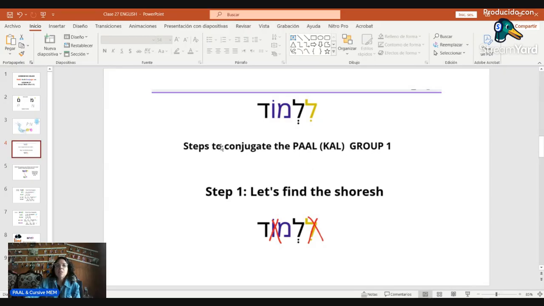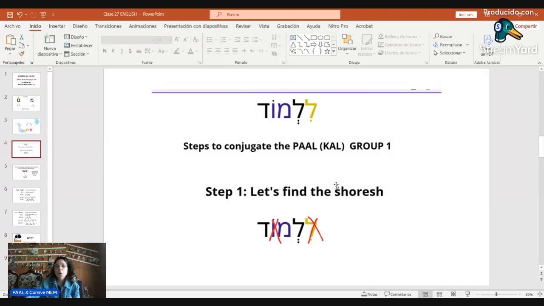I'm going to share with you 2 steps. We have this verb that we learned last week, lilmod, to study or to learn. In order to conjugate, we need to find the shoresh.